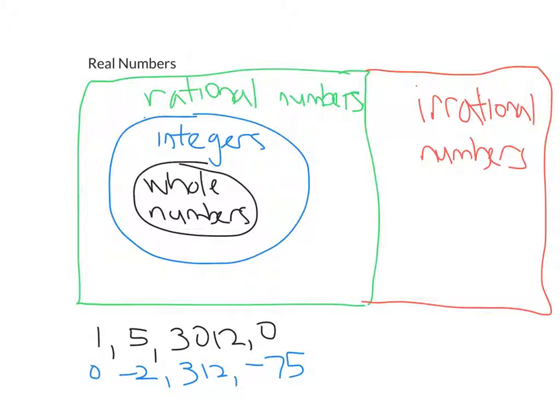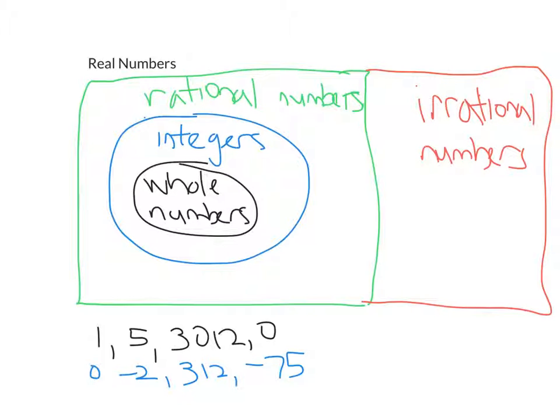So then we have rational numbers. Rational numbers are any number that can be represented as a fraction. If you remember, all of these black and blue ones can be represented as a fraction just over 1. So those are all rational numbers, just like all whole numbers are also integers.